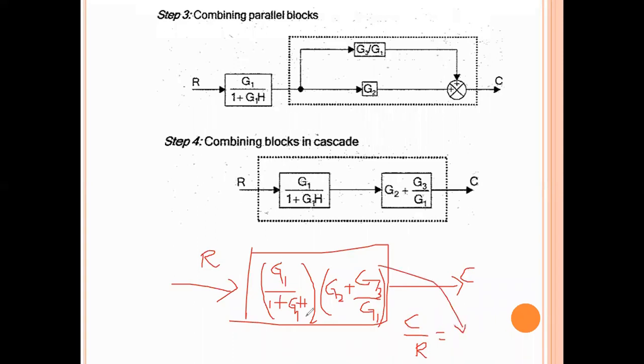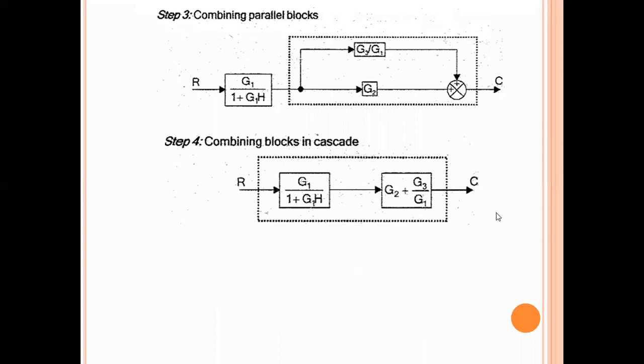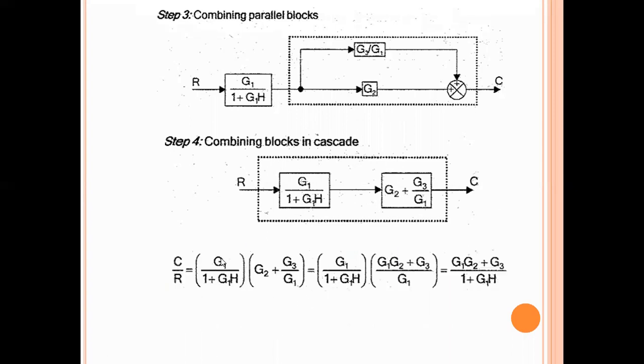And we can also simplify this into a simple equation. Okay, so that can be given as this one. See, this one and this one, these two are multiplied, and we can simplify it.